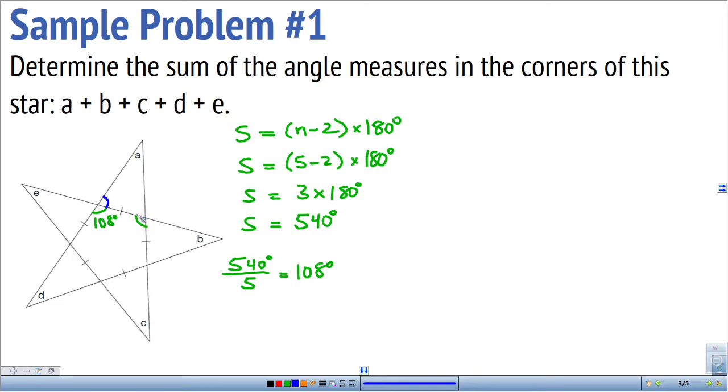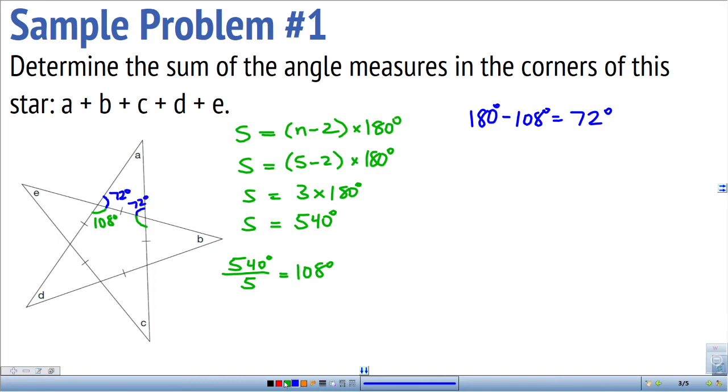So that blue angle combined with that angle of 108 degrees must be equal together to 180 degrees. So I can now find the measure of those blue angles. 180 degrees minus 108 degrees is 72 degrees. So each of these angles here is 72 degrees.